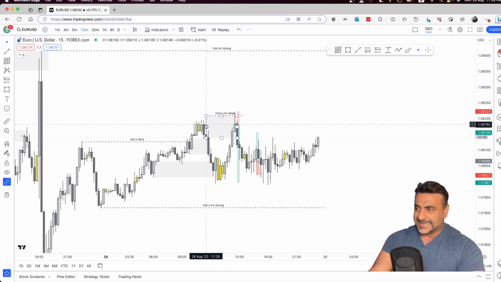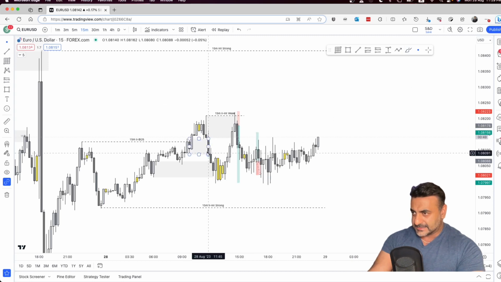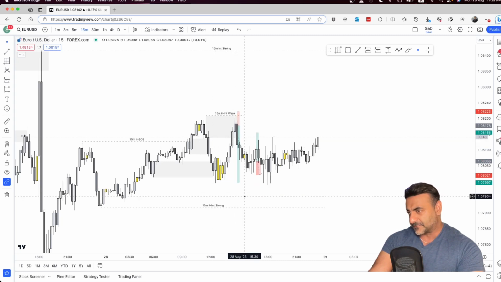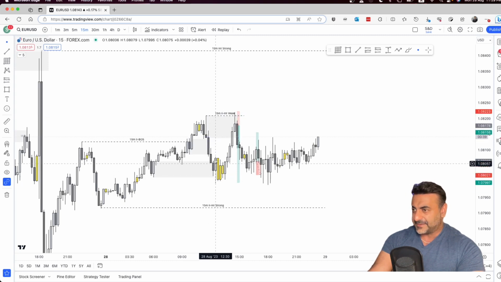So there is no inducement in the leg. So inducement would have meant that if price came in like this, went up a little bit, came in like this, that high would have induced a lot of people who would have shorted from there, but that did not happen. So when I don't have any sort of inducement in the 15-minute leg, let's say, when price pulls up to the supply zone, then I would need to see strong liquidity being taken out, right?